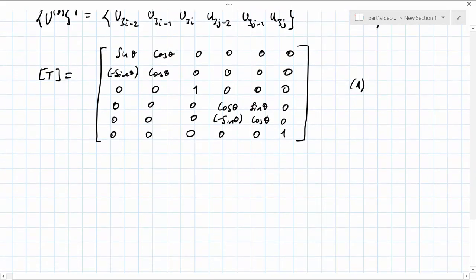As before, when we're moving from a local coordinate system to a global coordinate system, we pre-multiply our global element vector by the transformation matrix. So we may write U bar E is equal to the transformation matrix times the global coordinate vector.